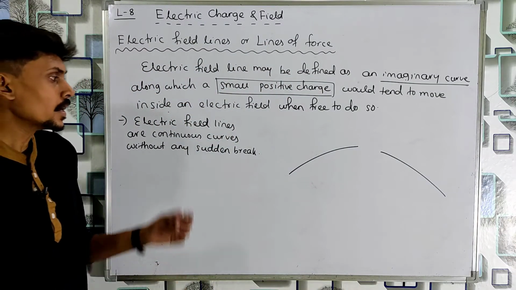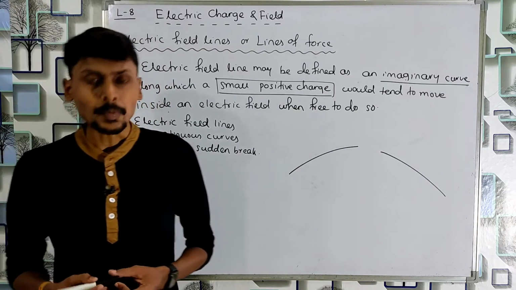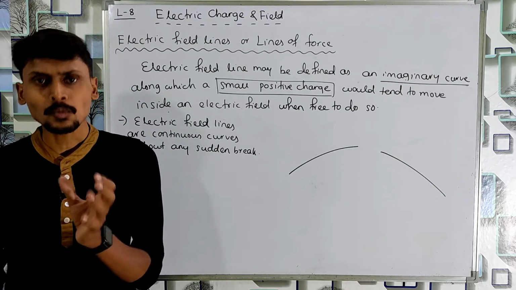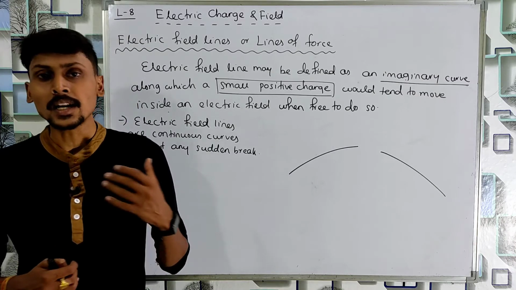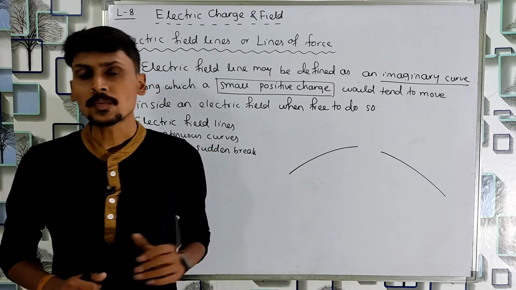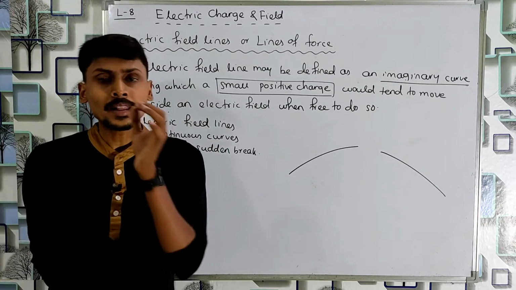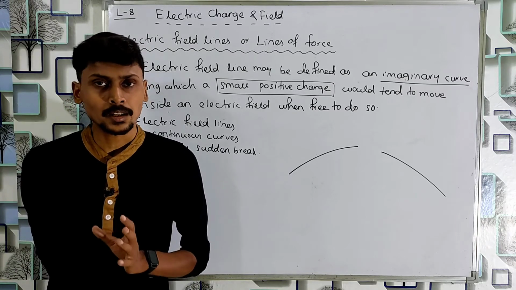An electric field line is the path along which a unit positive charge, a small positive charge, or a test charge will move inside an electric field when it is free to do so. So a charged particle will experience a continuous force inside the electric field. Is that clear?